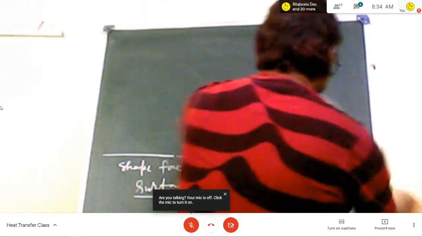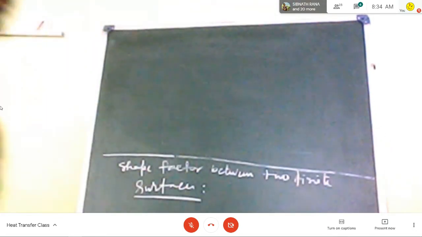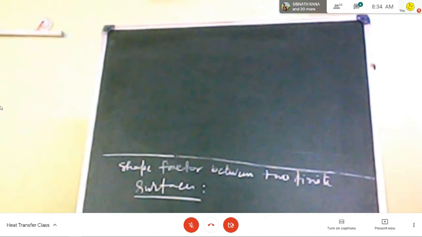From the shape factor between two elemental surfaces, it is possible to determine the shape factor between two finite surfaces.